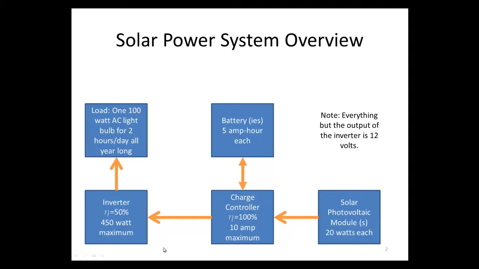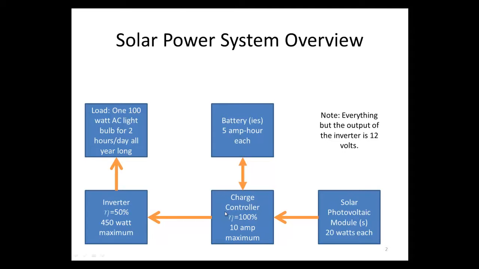Also, in our system, we have something called a charge controller. What a charge controller does is make sure that the battery is not too overloaded or too drained, because batteries don't like to be overcharged or undercharged. So it's really the decision maker of the solar power system.